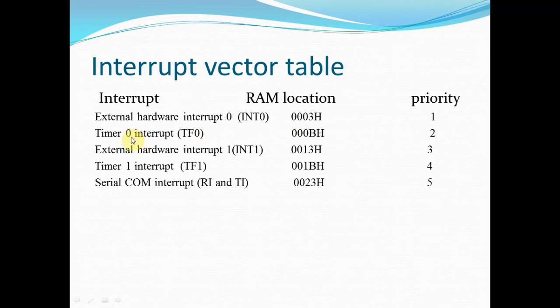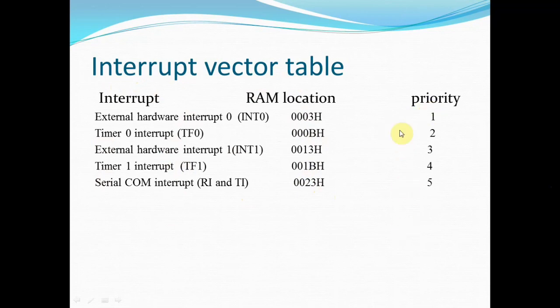For timer 0, you have to start writing the routine at the address 000B. Similarly for INT1, the address is 0013, timer 1 is 001B, and serial is 0023. So depending upon the type of the interrupt, you have to write the interrupt service routine at the particular address, and the table which holds all these addresses is called an interrupt vector table.